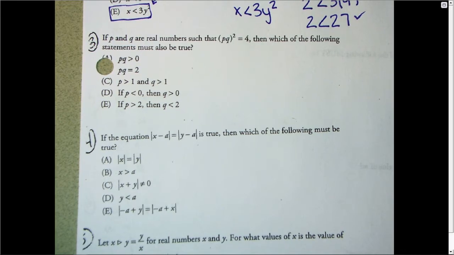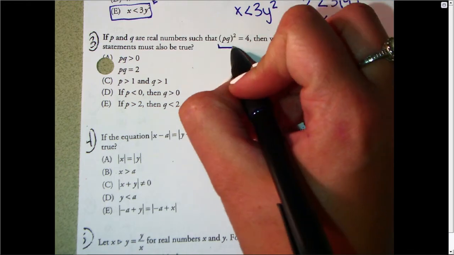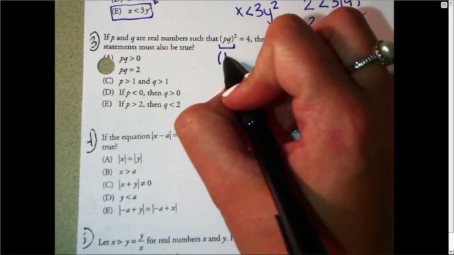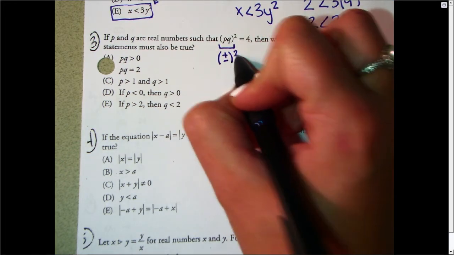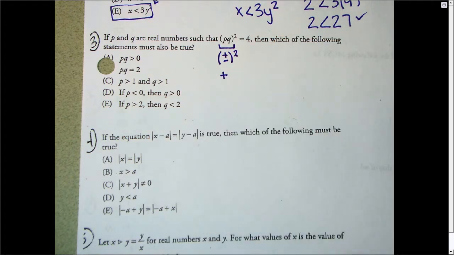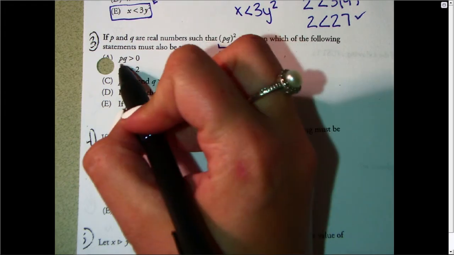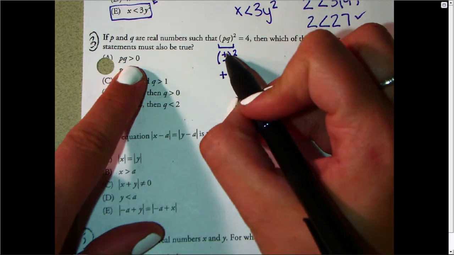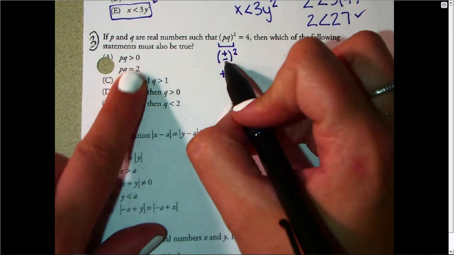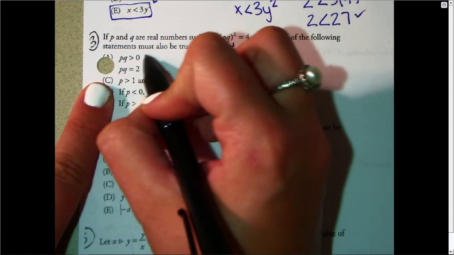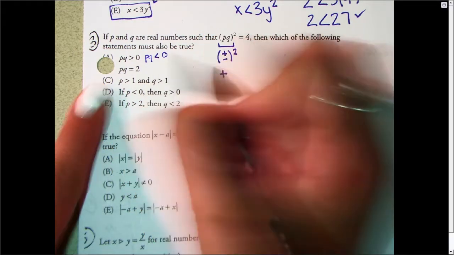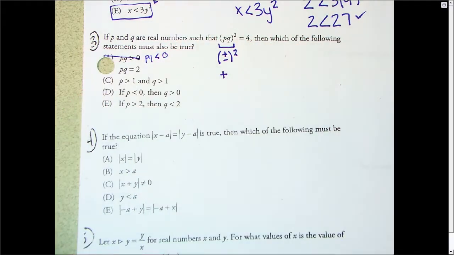The reason is because when you square any kind of number, a positive or a negative number, your outcome will always be positive. So p times q could be positive, greater than 0, but it could also be negative. So pq could also be less than 0, making A incorrect.